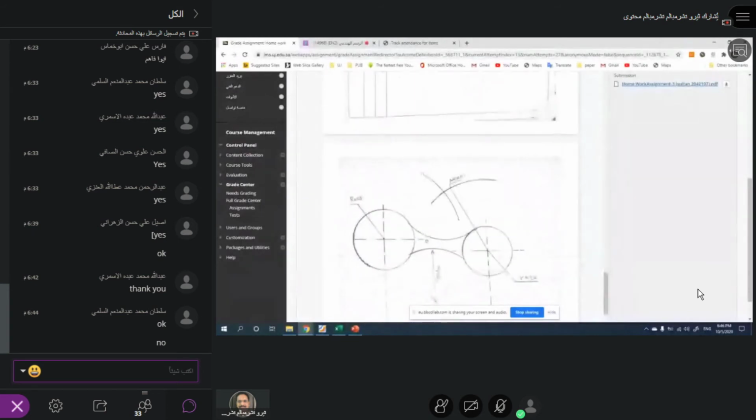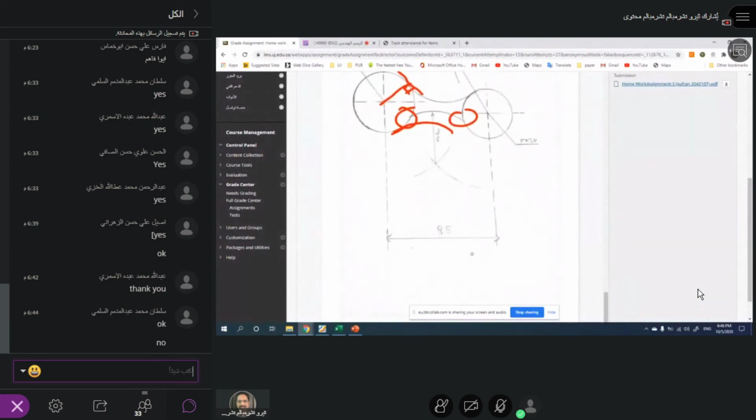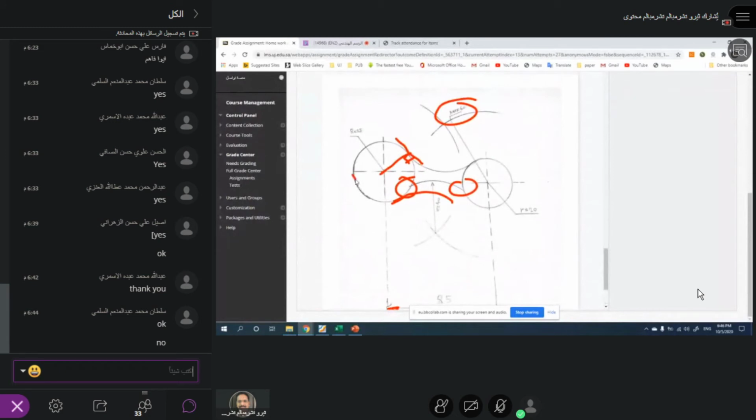By the way, this is not tangent. Tangent should be somewhere here. Remember that because when you draw this line, this point must be on the tangent. So when you draw this here, this should be 90 degrees. That is tangent. It's not tangent. I think you have made some mistake somewhere here. Sultan, you disappoint me. Not going to get full marks here.